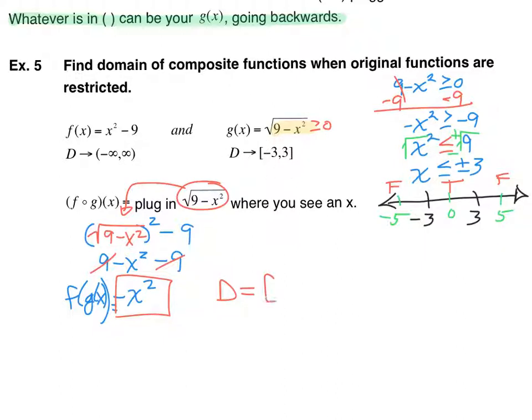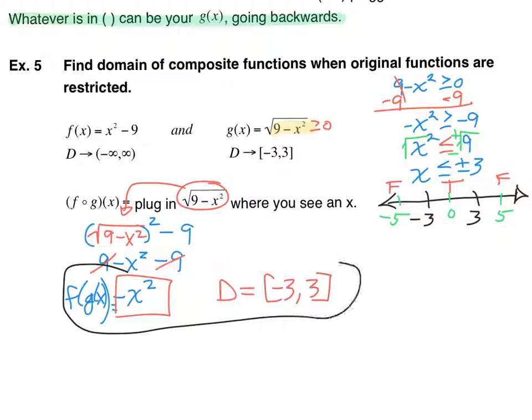So all of this becomes my answer. If I were to graph negative x squared, which is a parabola that opens down, I would only be able to graph points on negative x squared from negative 3 to 3. So I would not have an arrow on both ends of my graph. I would plug in negative 3, 3, and a few other points in between, and those are the only points that I would be able to graph.